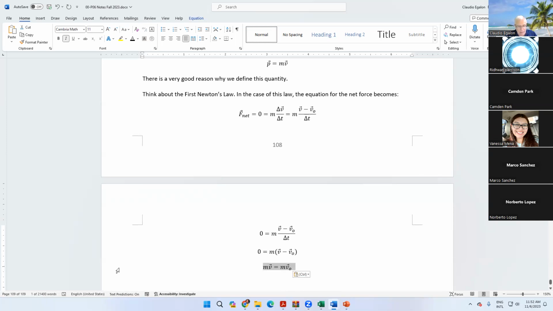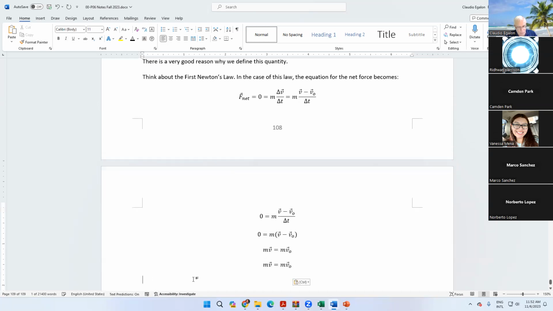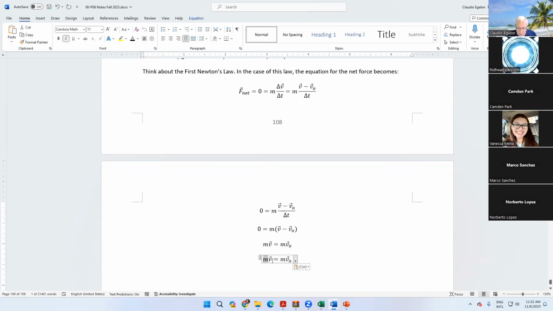And I'm going to rewrite that. Final momentum is going to be equal to the initial momentum. Consequently, for the case in which the net force is 0, we do have a conservation of momentum.